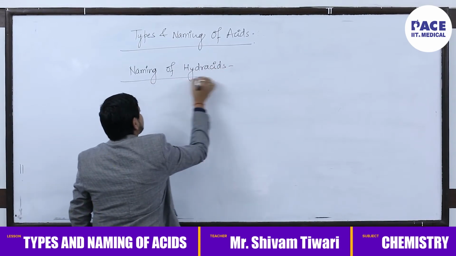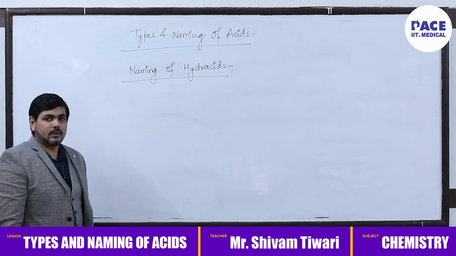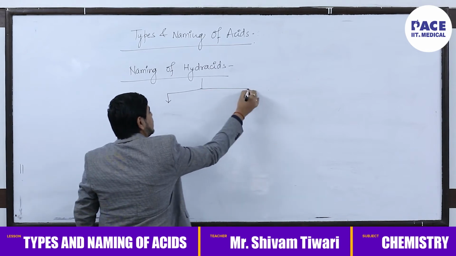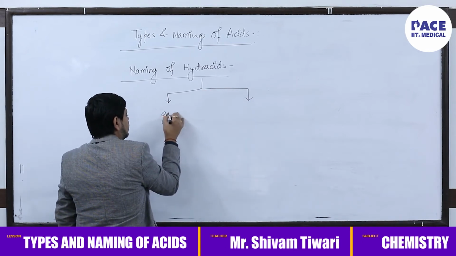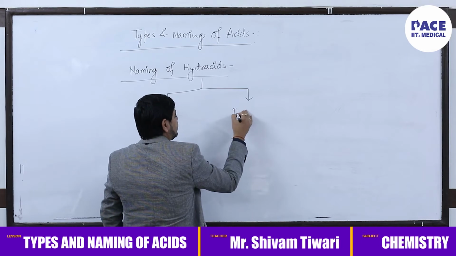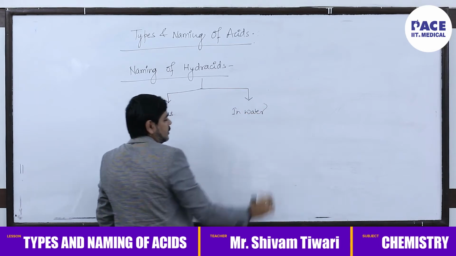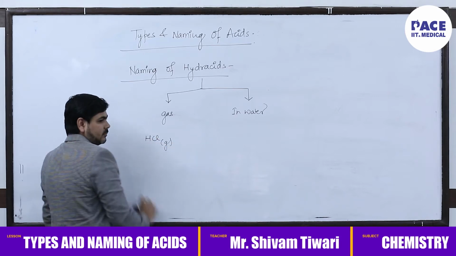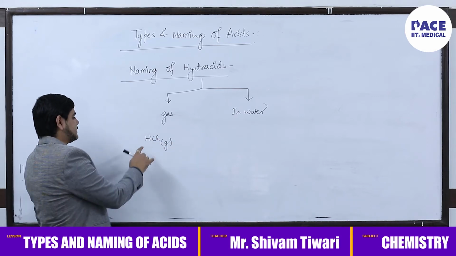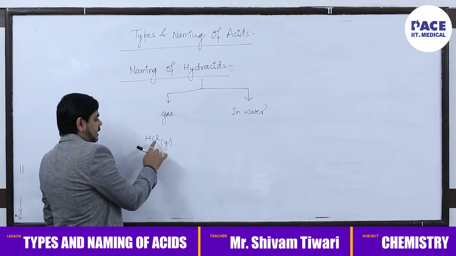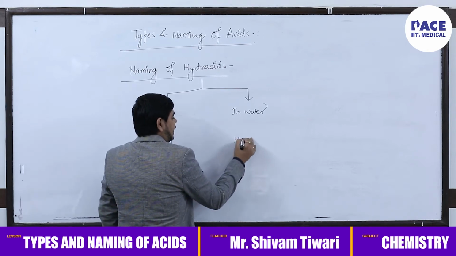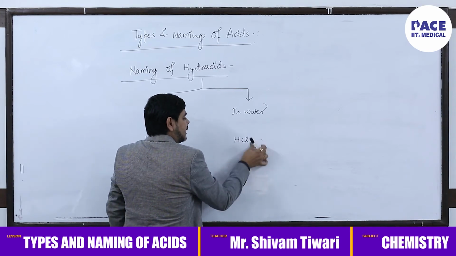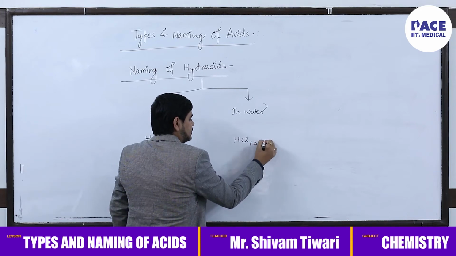So now we are going to understand naming of hydroacid. Naming of hydroacid has two parts: hydroacid in gas or in water. We know that HCl is a gas. When this HCl is highly soluble in water, it becomes an acid, and that is written as HCl aqueous.